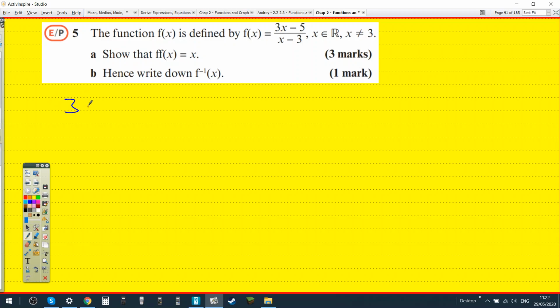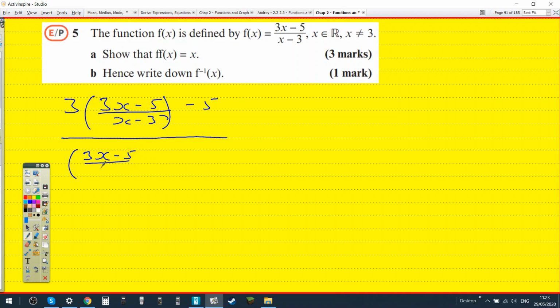Yeah. So 3, and then you have 3x minus 5 over x minus 3, minus 5. That whole thing over 3x minus 5 over x minus 3, minus 3. And it's a 3 marker.